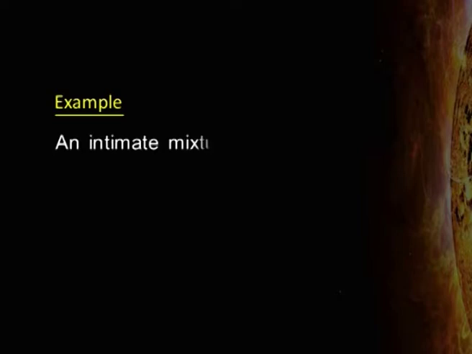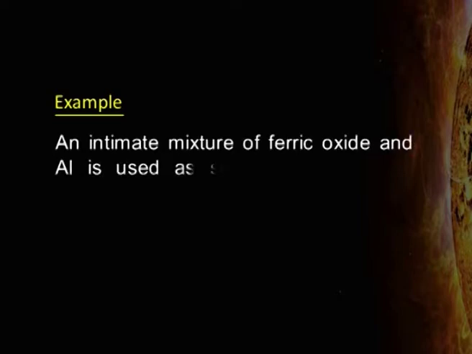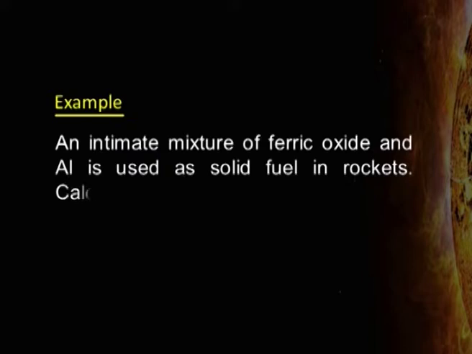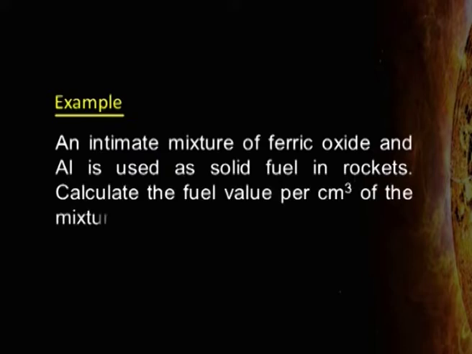There is another example to calculate the fuel efficiency per centimeter cube of the fuel. An intimate mixture of ferric oxide and aluminium is used as solid fuel in rockets. Calculate the fuel value per centimeter cube of the mixture.